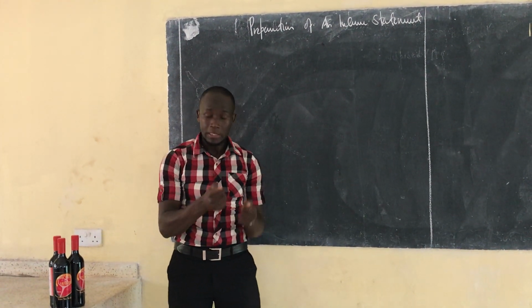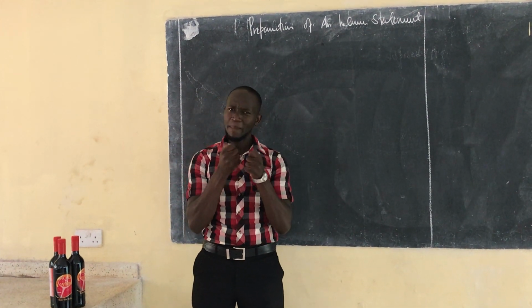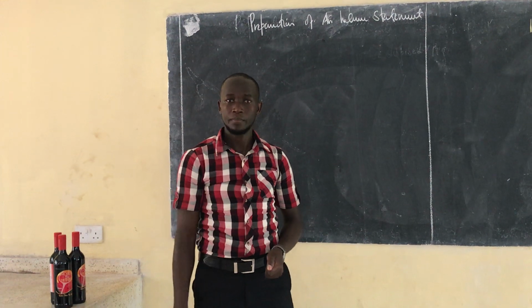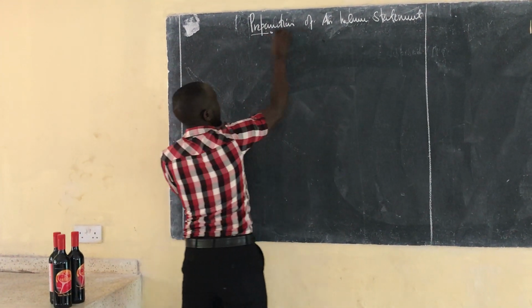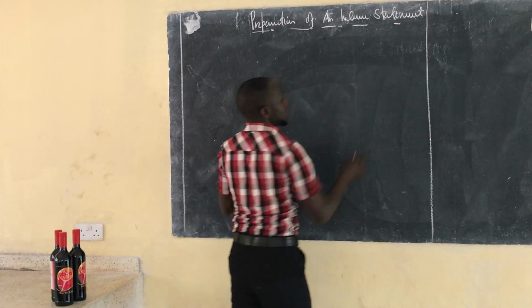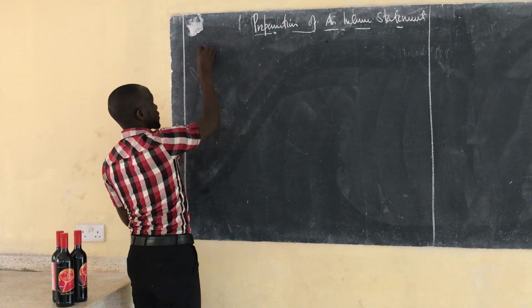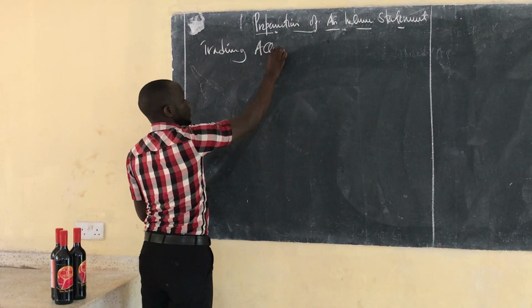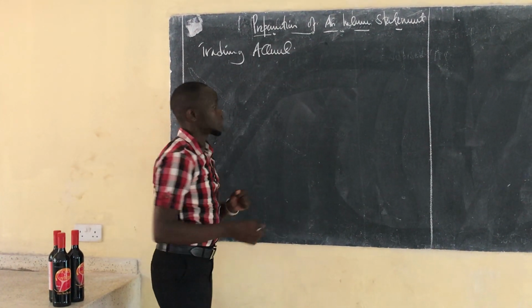It is aimed at finding purposely the actual amount that you make as profits, the net profit. And we say it has 2 parts. One of the parts is the trading account.